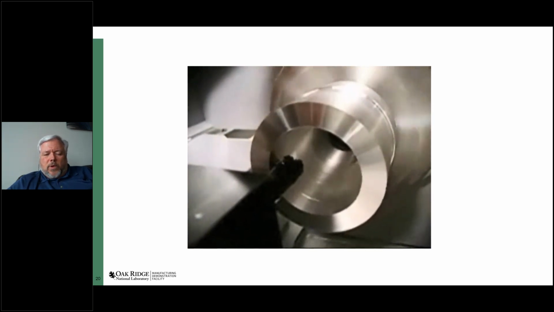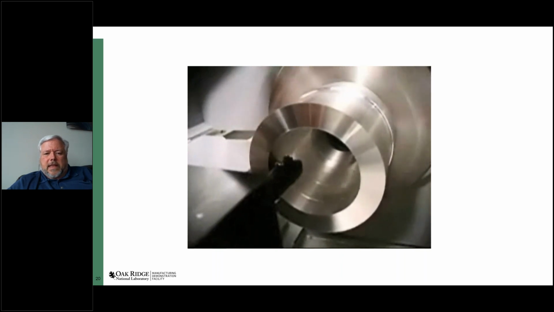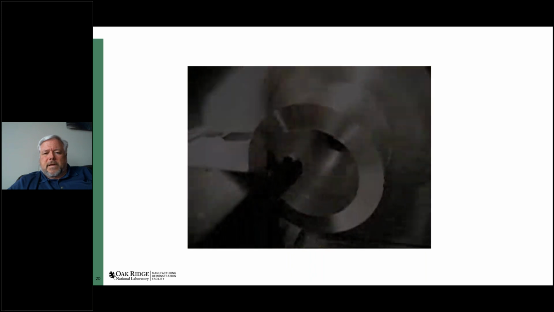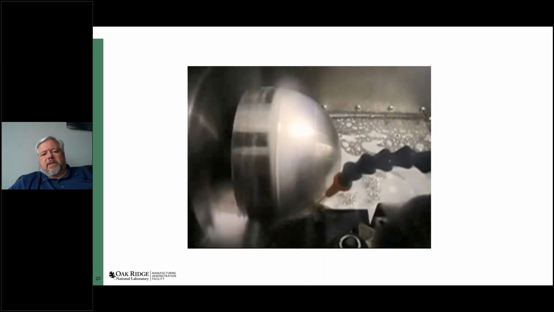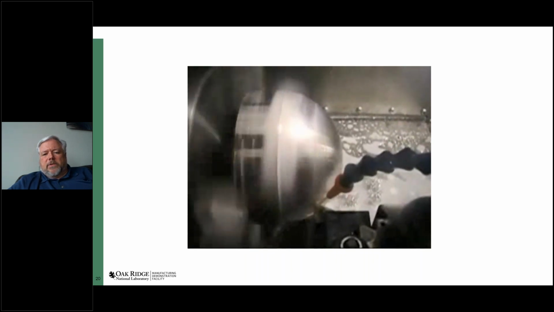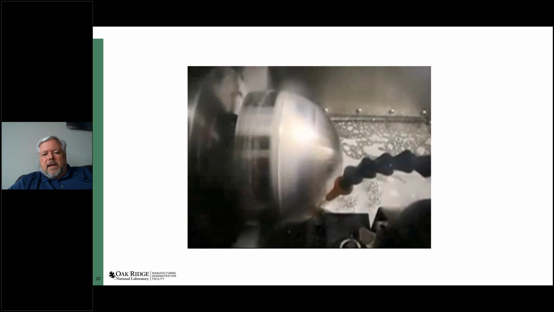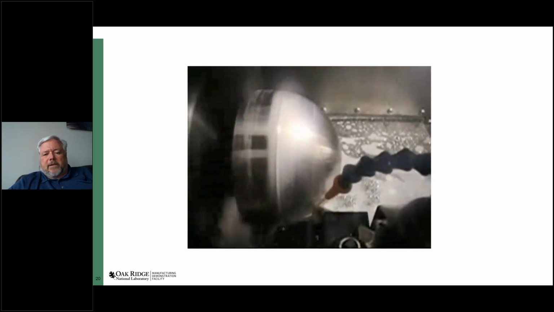So again, a single point operation that you would do on a lathe. Here is the tool moving on the surface of a hemisphere. And again, the motion here is slowed down so that you can see it. The oscillation is parallel to the surface that I'm leaving behind.